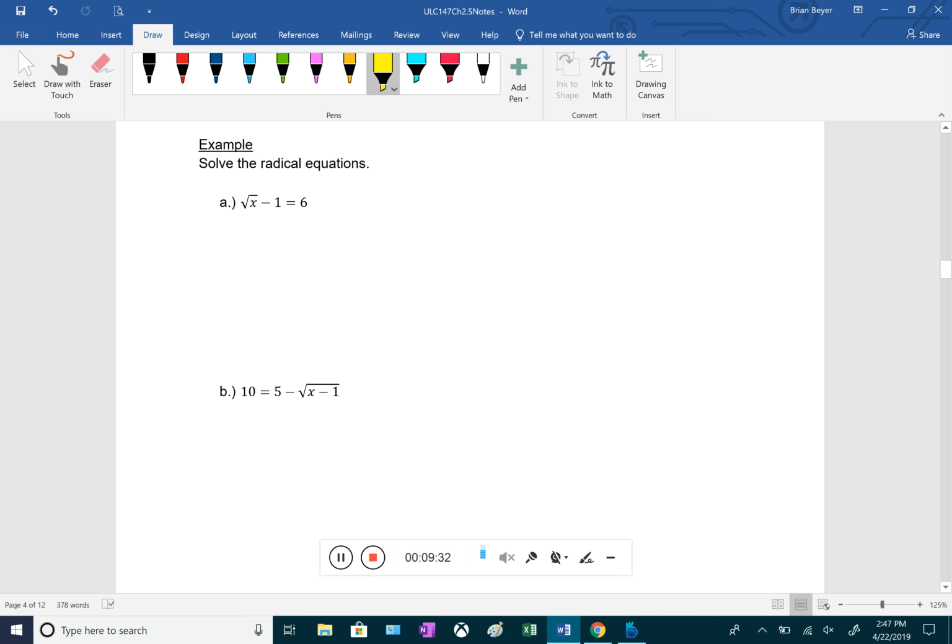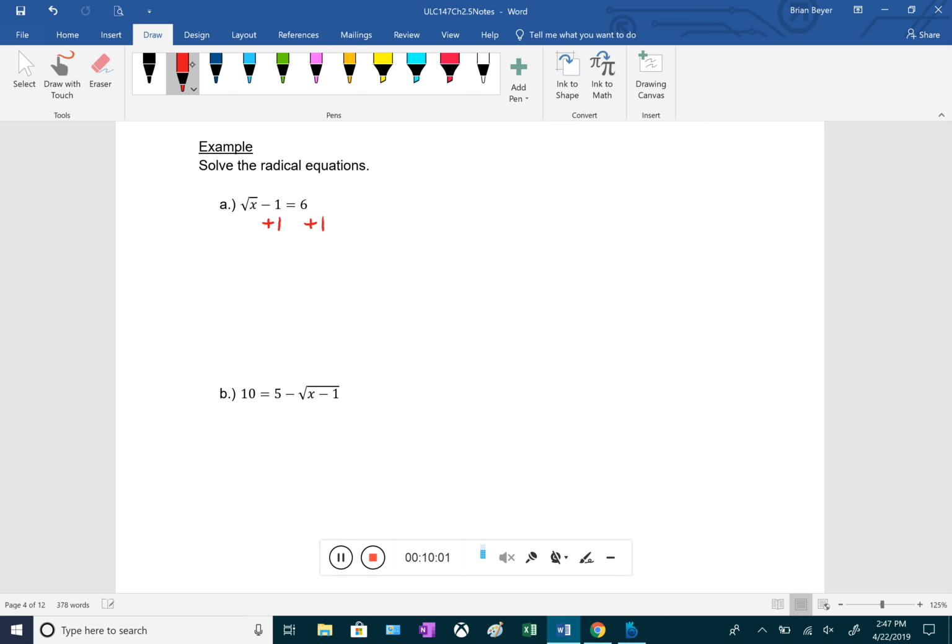Okay, so let's do a couple examples. Just notice that I didn't check all of the ones from the polynomial ones because we did not have to do that, because the domain is all real numbers for polynomials. Okay, so we'll do this first one. We have the square root of x minus 1 equals 6. First we isolate the radical. So we need to get that alone.